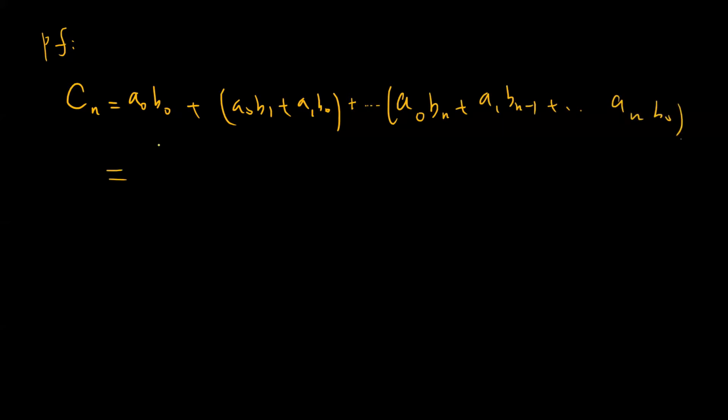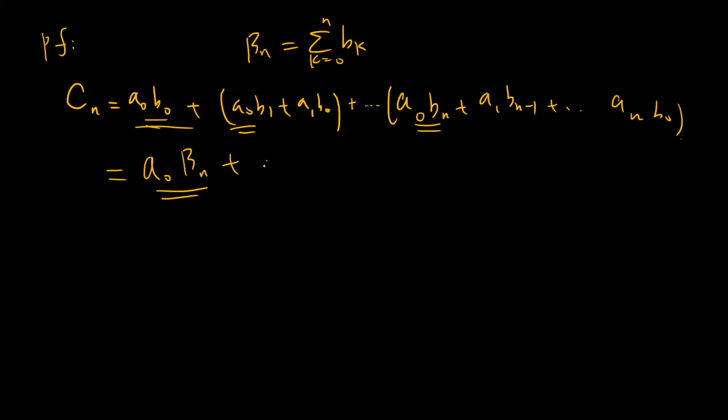Let's define the large Bn to be the partial sum of bk, k from 0 to n. So the first term is a0 Bn. I take all the a0 and get a0 Bn, and I take a1 and get a1 Bn minus 1, up to an B0. So large B0 is small b0, by this partial sum.